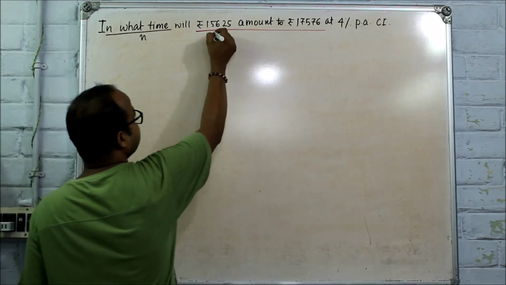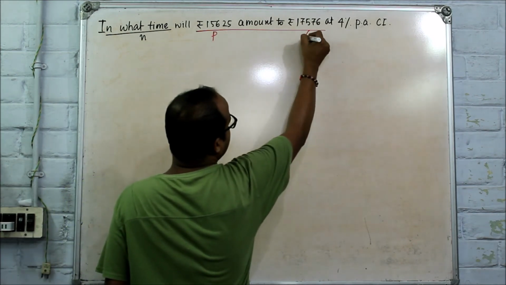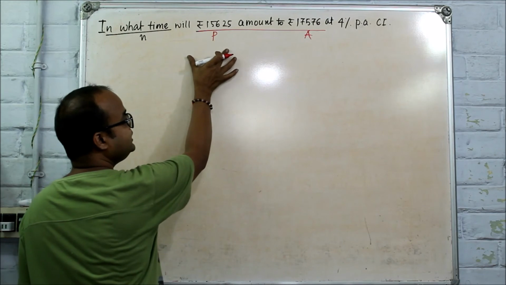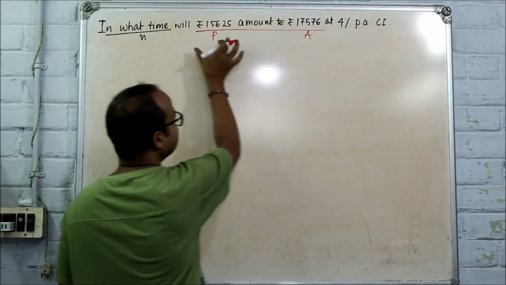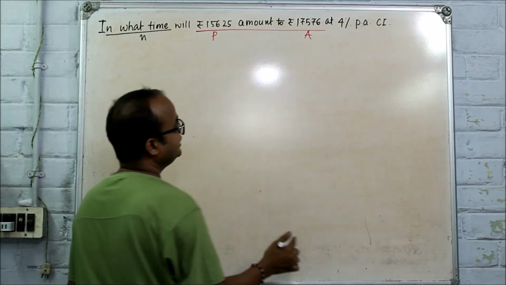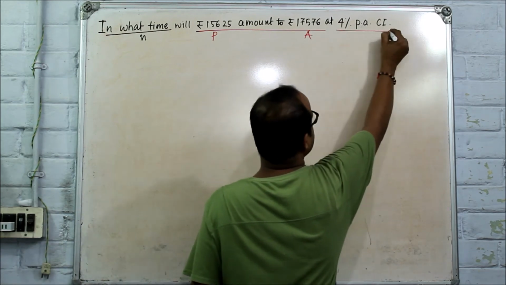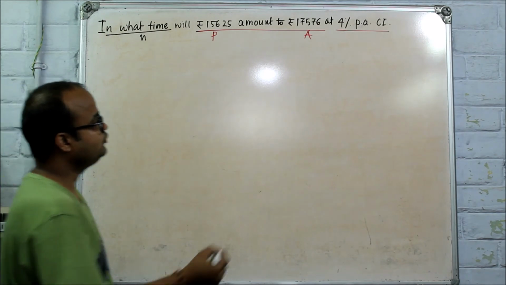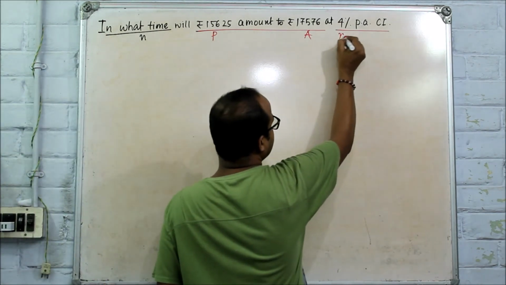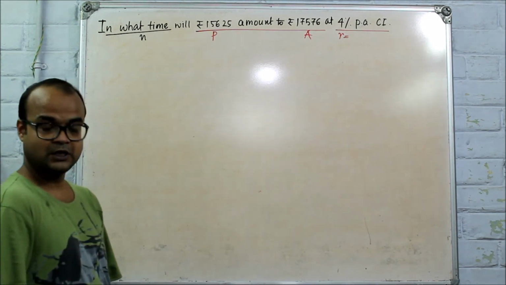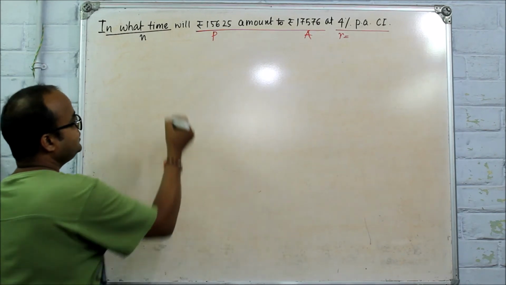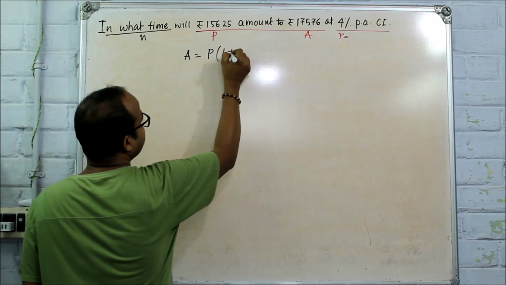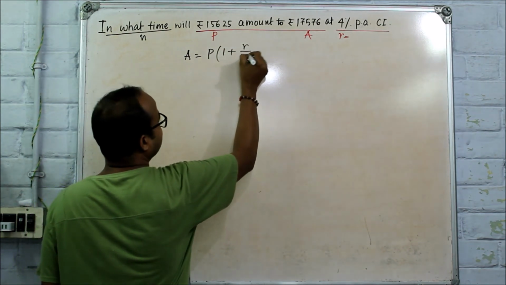That means this is P and this will be A, at 4% per annum compound interest. So R is equal to 4% per annum. Now we apply the formula A is equal to P(1 + R/100)^n.